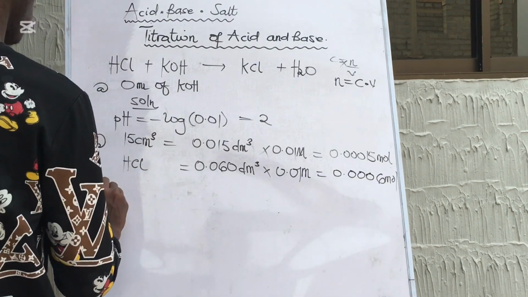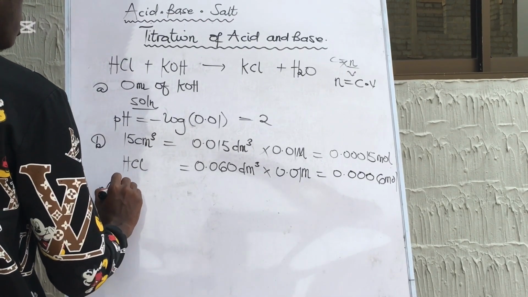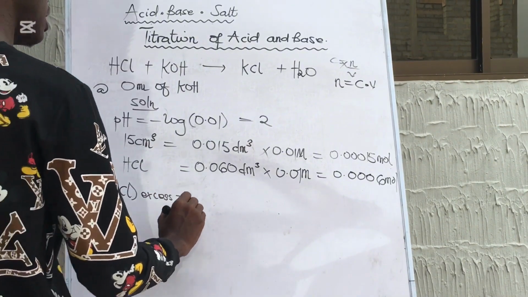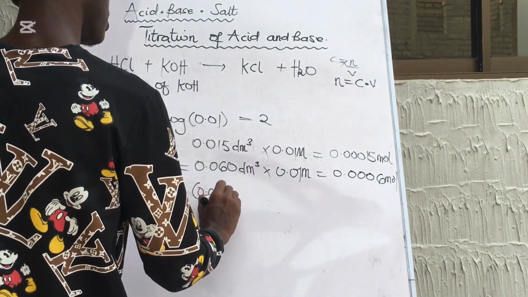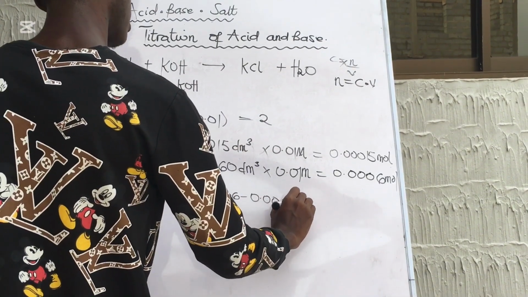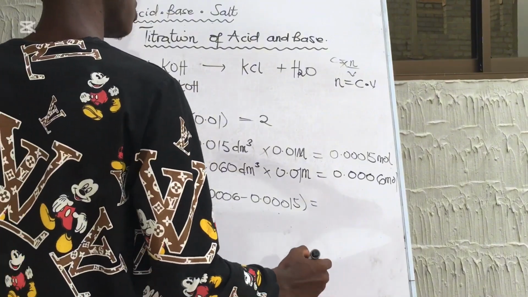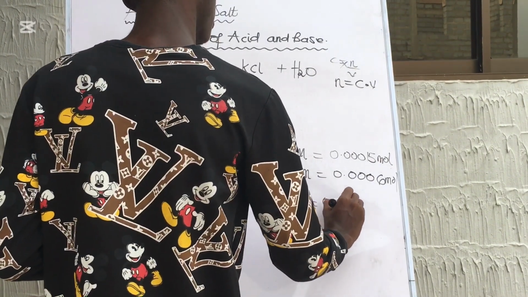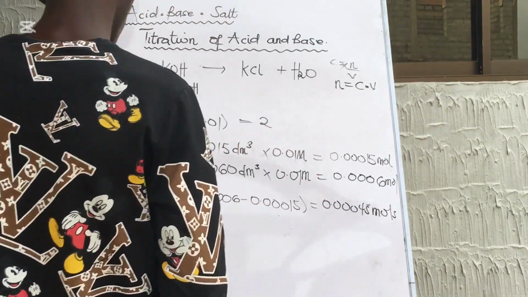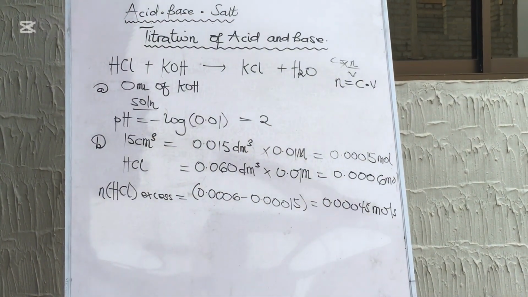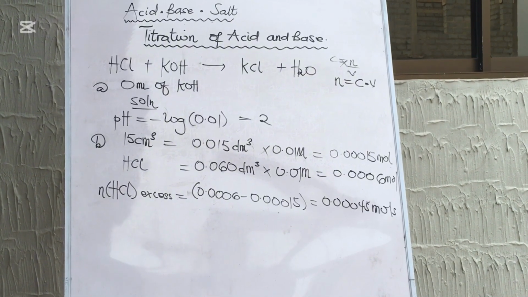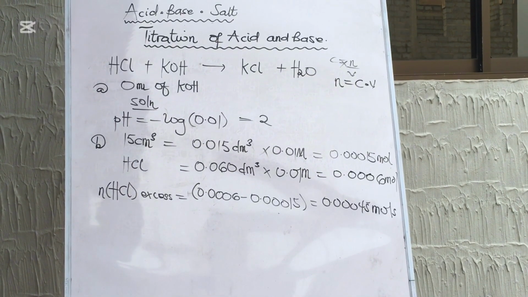So the moles of the excess HCl will give us 0.0006 minus 0.00015, and with the calculation you get 0.00045 moles. This is the moles of our HCl left after the titration reaction, after 15 centimeter cube of KOH has been added to the solution.